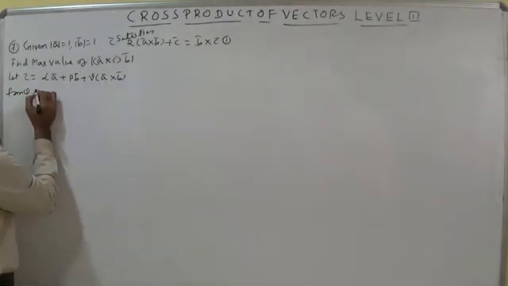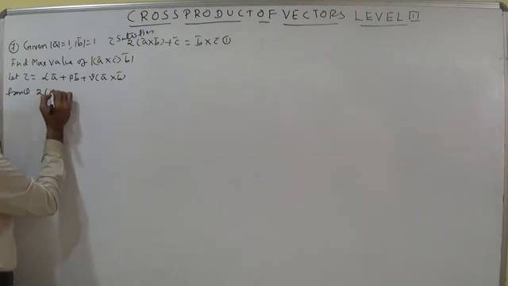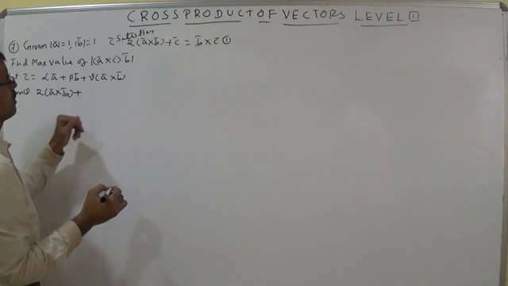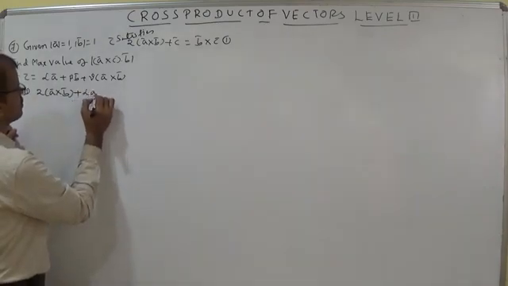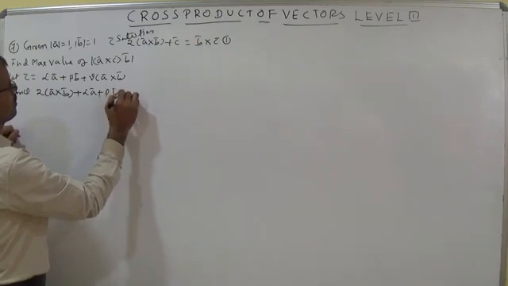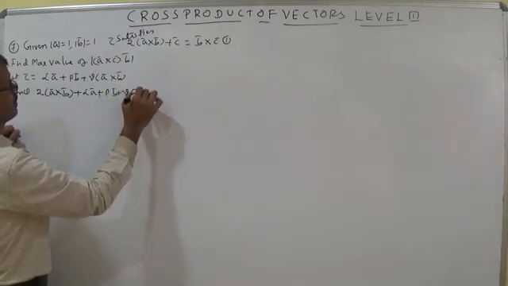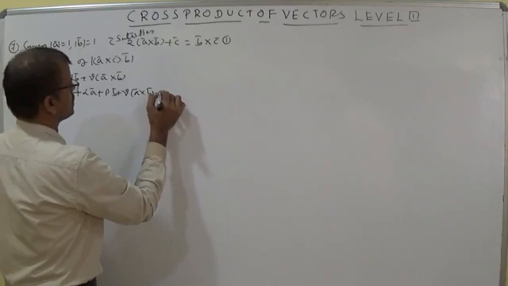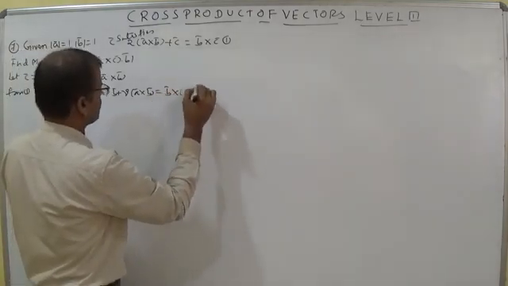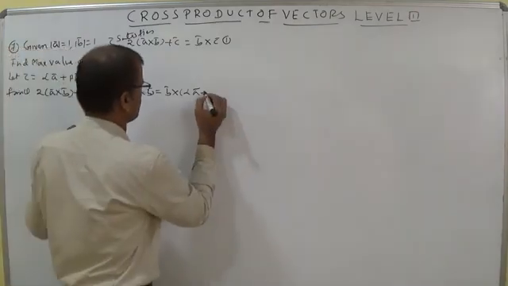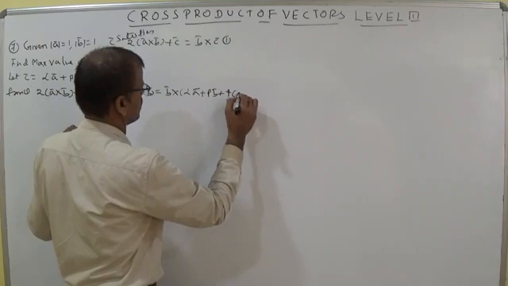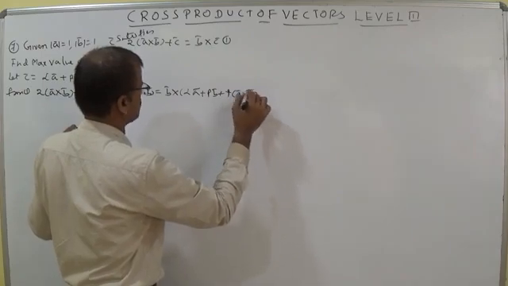From 1 we can write 2 into A bar cross B bar plus C, means here you write this one alpha A bar plus beta B bar plus gamma into A cross B is equal to B cross C, the full word you write here alpha A bar plus beta B bar plus gamma into A bar cross B bar.